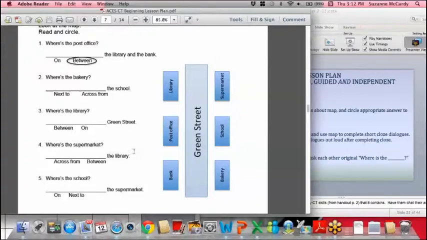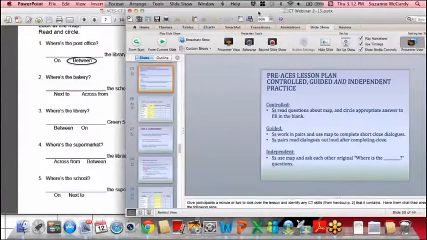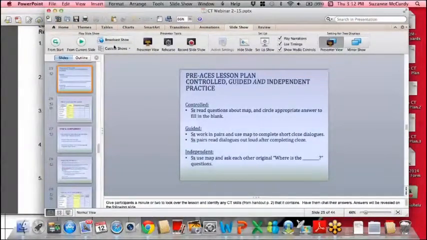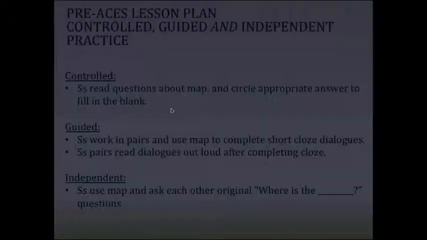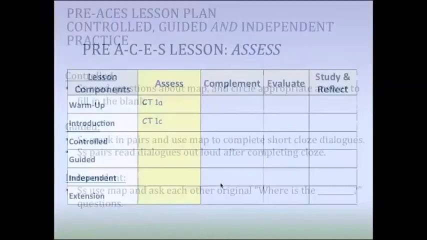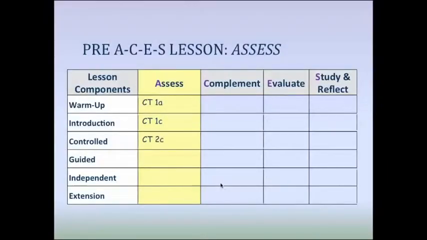That's okay, Patty. 1D and a 3B. Okay, let's see what I put up. For controlled, I put 2C.